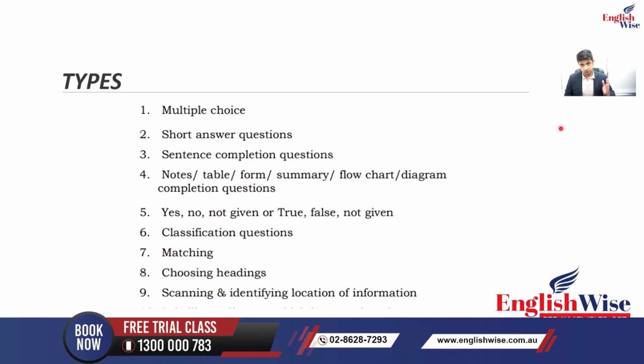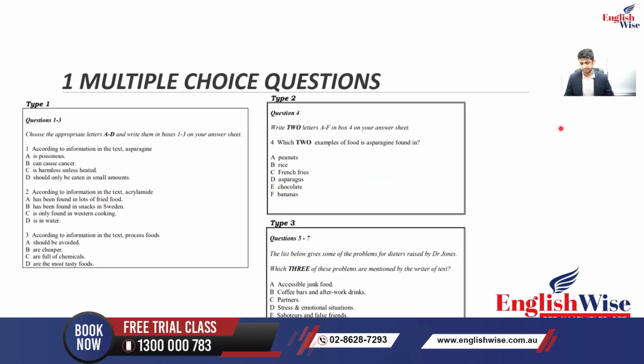Multiple choice, short answer questions, sentence completion questions for note, table, form, summary, flowchart or diagram, yes, no, not given, or true, false, not given, classification questions, matching questions, choosing heading questions, and scanning and identifying location of information questions. Let's dive into it and see how to solve each of these question types.